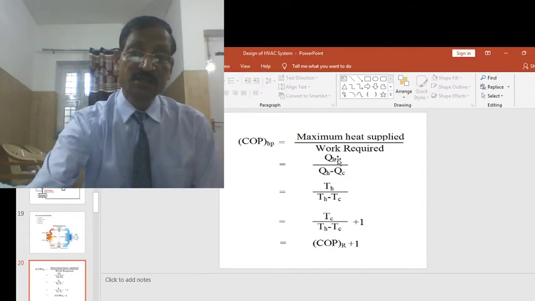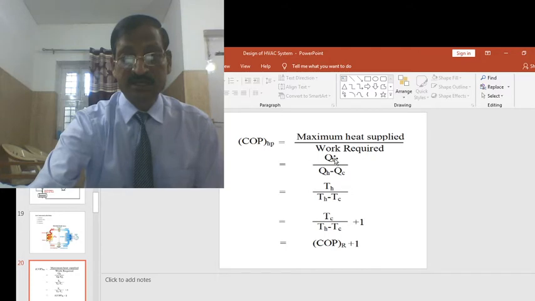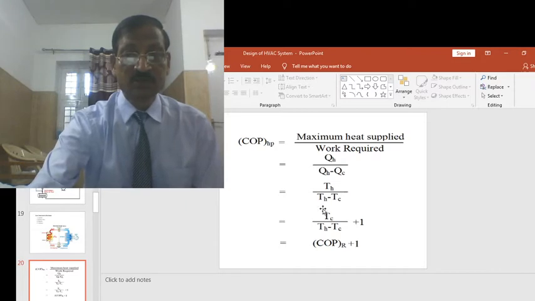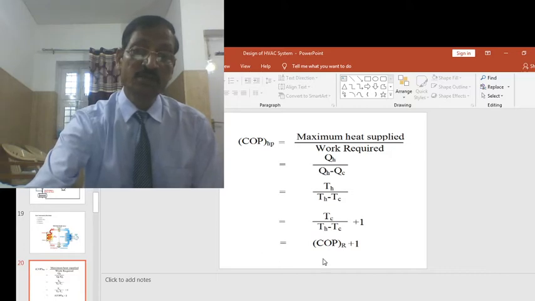This QH is the heat at the condenser, and QH minus QC is the heat used for the compressor. This is TH upon TH minus TC, and COP of the refrigeration system plus 1 is equal to the COP of the heat pump. It shows that the COP of the heat pump is higher than the COP of the refrigeration system.